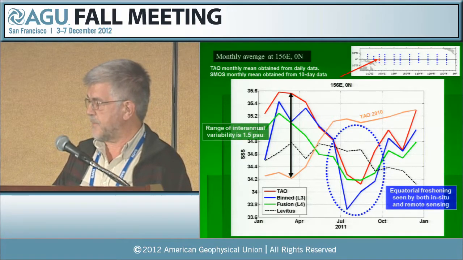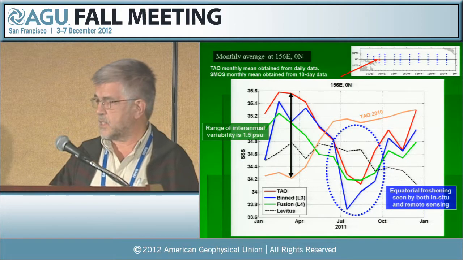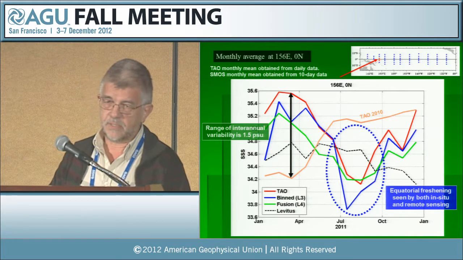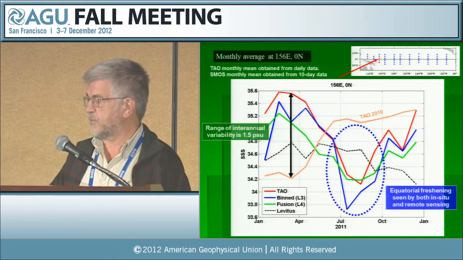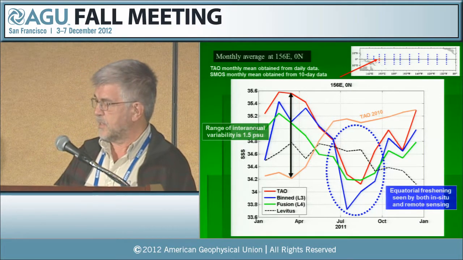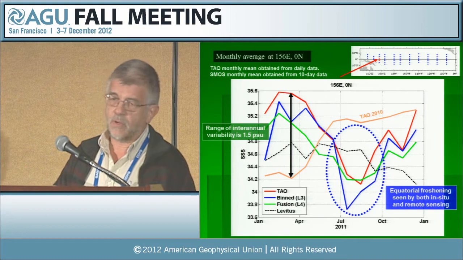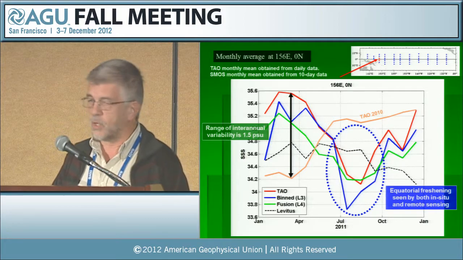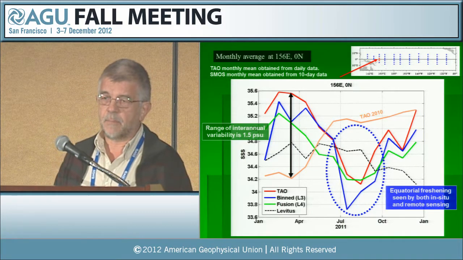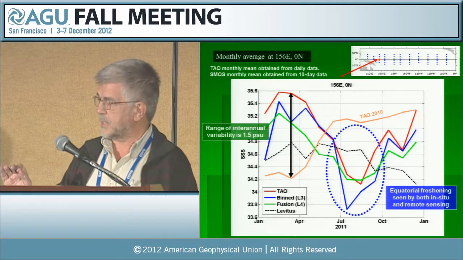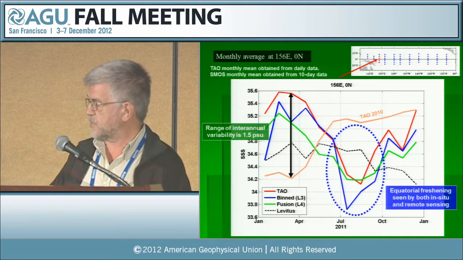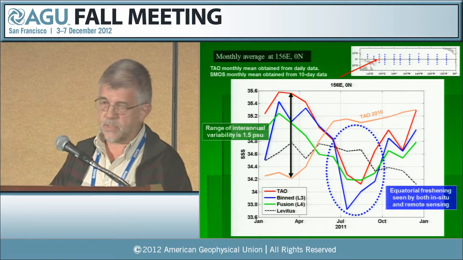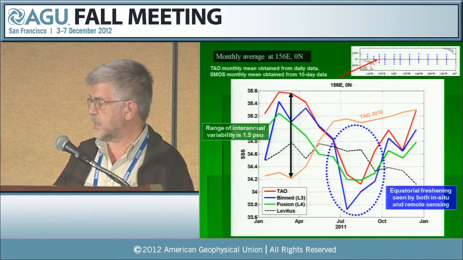We see that this temporal evolution that is observed in the in situ data can also be observed in the SMOS data, especially in the level 4 products. And if we compare this to climatology, that is the dashed black line, and also to the in situ data at the same location for the previous year, it is evident that SMOS is able to track the temporal evolution in this location, which can be used for sure to detect the presence of, for example, this freshening that is shown both in satellite and in situ data.